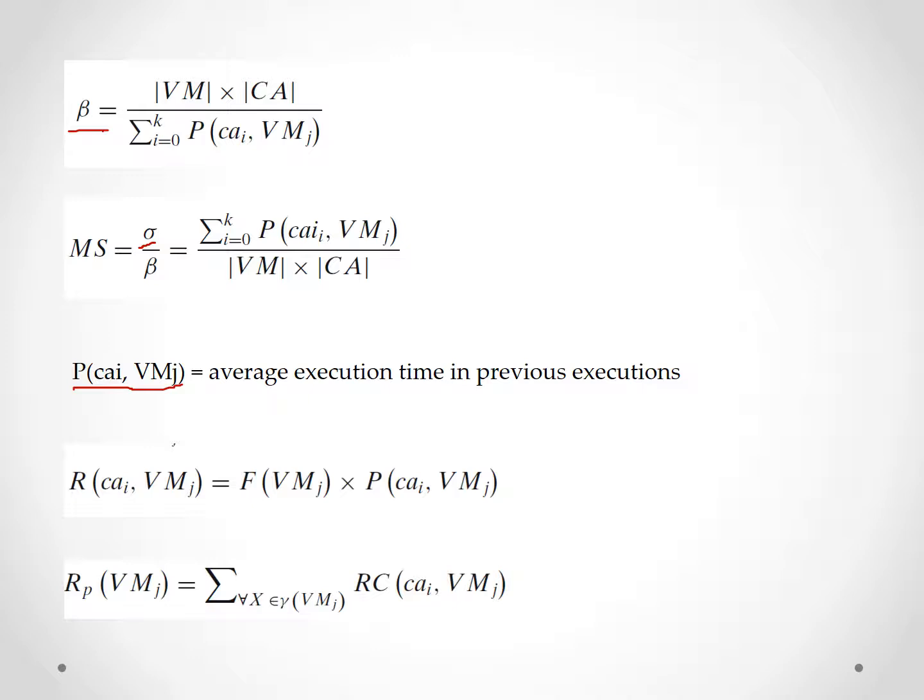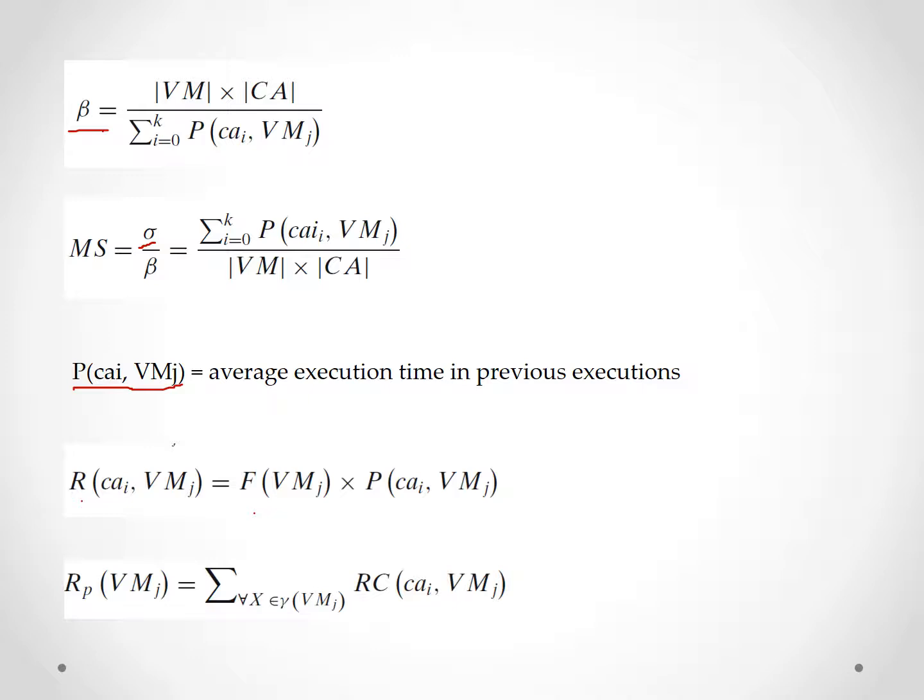R denotes the reliability cost, and F of virtual machine j is the probability of a given number of failures in virtual machine j occurring in a fixed interval of time. In this, R has to be minimized so that it gets near 1.